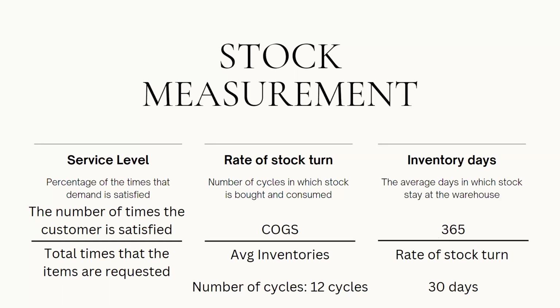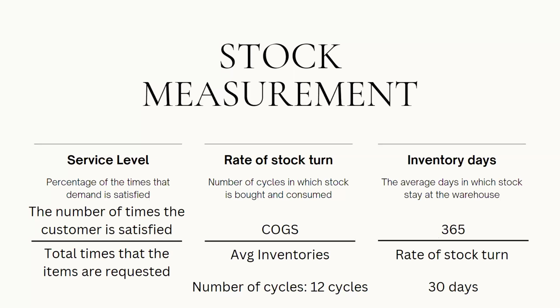First, the service level. This one is the percentage of the time that the demand is satisfied. It is calculated by taking the number of times that the customer receives what they want, like every time they visit your place, they see what they want and they are satisfied with that. That is the numerator.